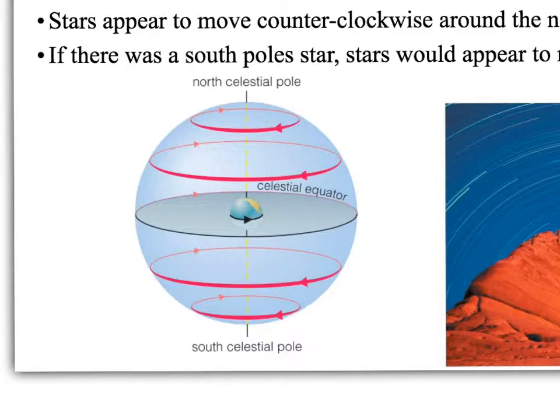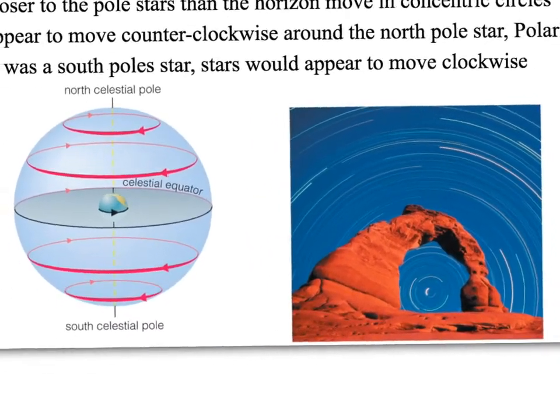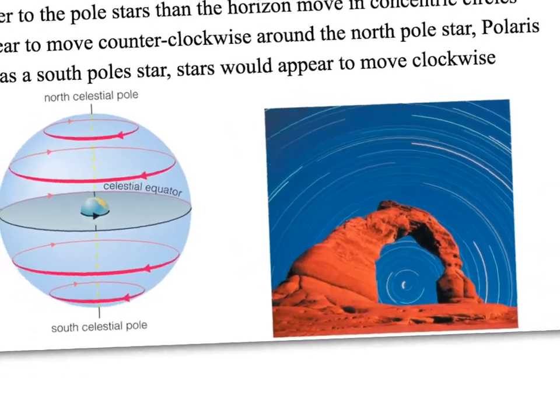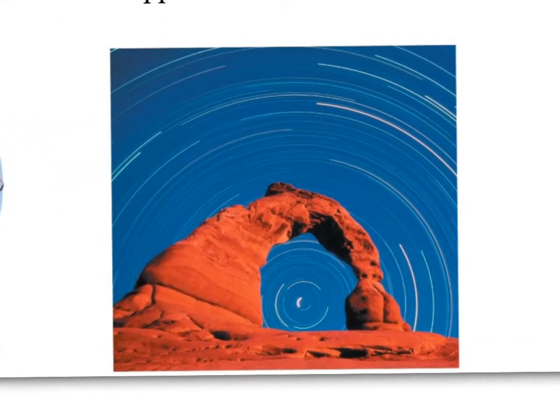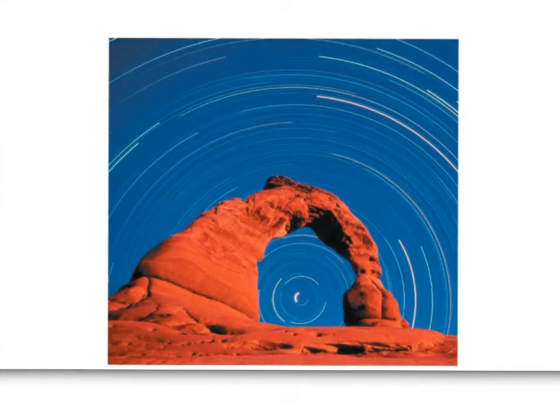And I think I also mentioned that if you were to open up your shutter, you would see these star trails over here. So you can see this bullseye sort of thing going on, where in the northern hemisphere it is going to go counterclockwise.